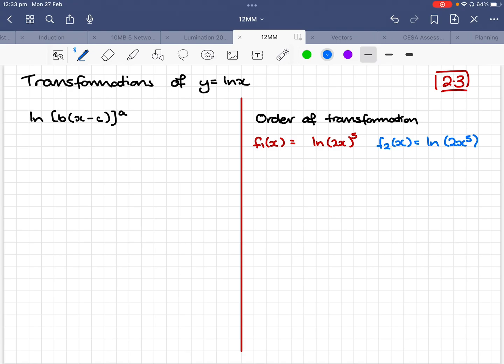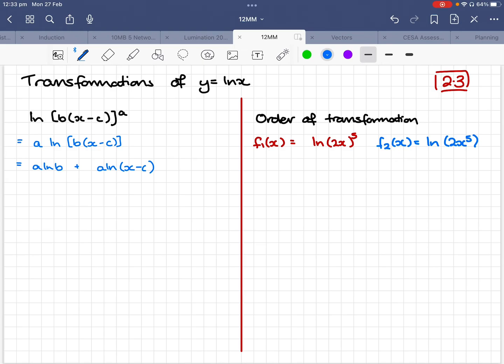So we can write this as A times ln of B bracket x minus C. We can also write this even further as A ln B plus A ln x minus C, using the third and then first log laws.